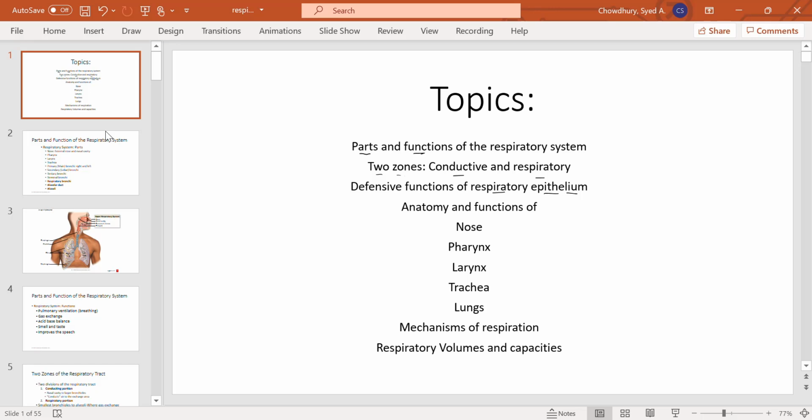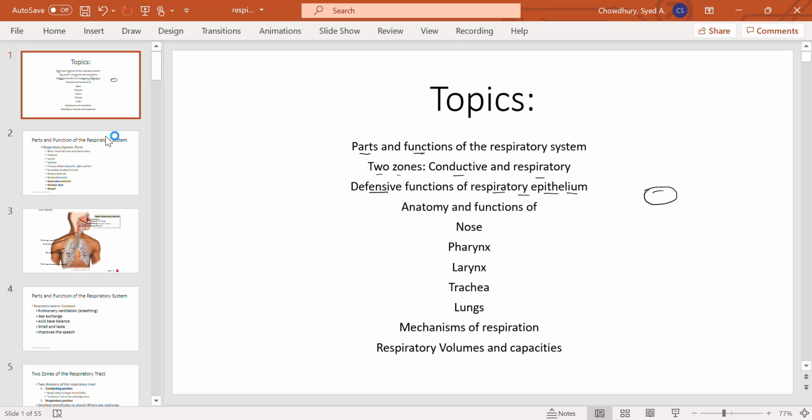And in the lymphatic system and immunity, you have learned that the first line of defense is given by the skin and the mucous membrane or epithelial membrane of the respiratory tract and GI tract. So we will talk about the respiratory epithelium, which is the innermost layer or lining of the respiratory tract.